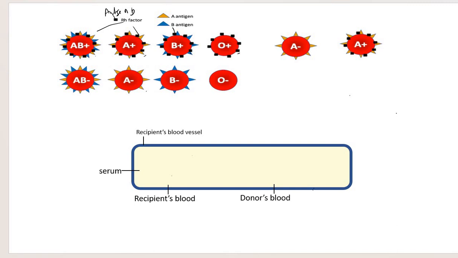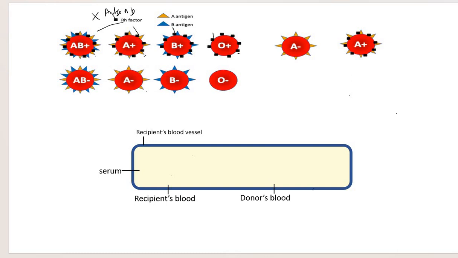So the person who has this blood has A positive, AB positive, which means has Rh factor or Rh positive. AB negative, A negative, B negative, O negative means at the surface of the red blood cell there is no antigen D or no Rh factor.